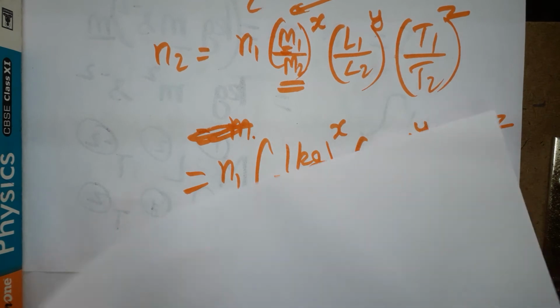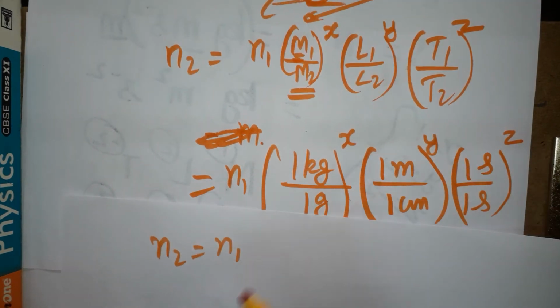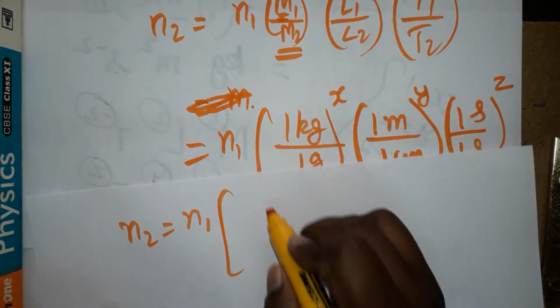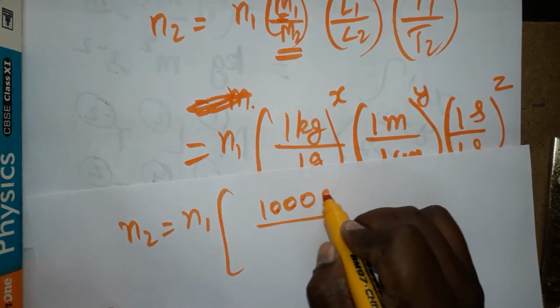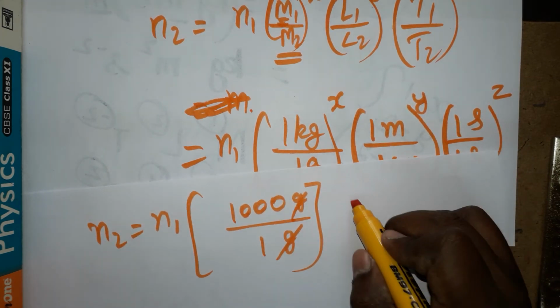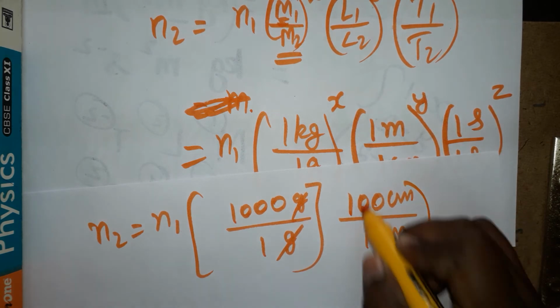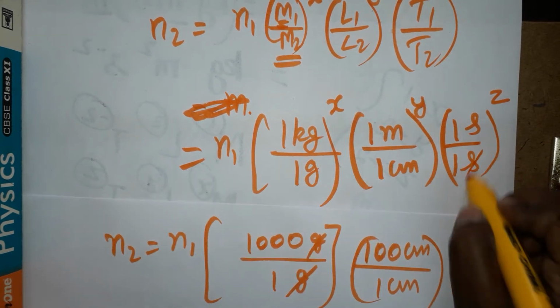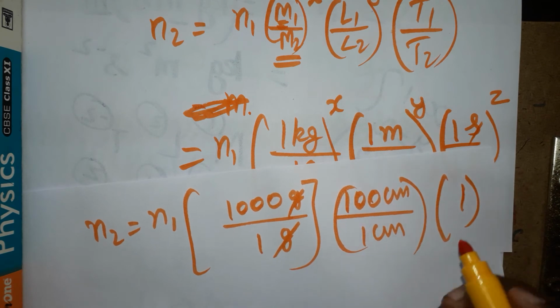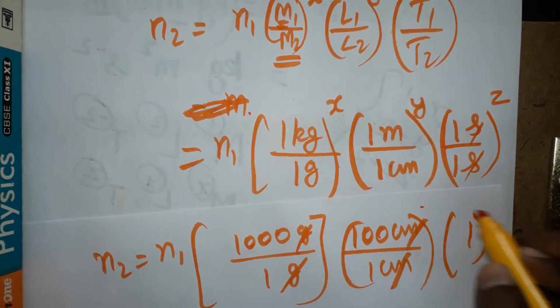Just conversion only we are doing now. Okay, n2 is equal to n1 times 1000 gram divided by 1 gram, because easily we can cancel the unit, we won't get any other unit. Then 100 centimeter divided by 1 centimeter with the power of y, 1 second gets cancelled, which is going to be 1. Centimeter gets cancelled.